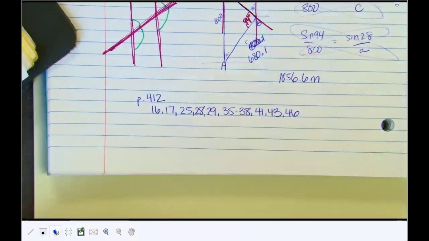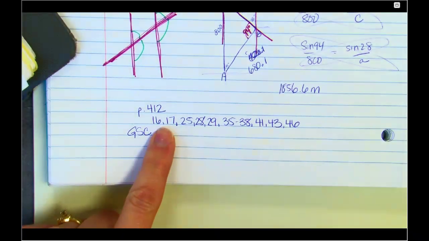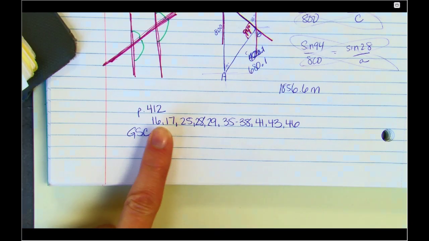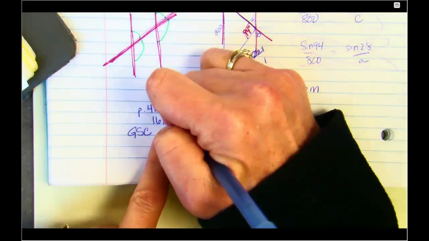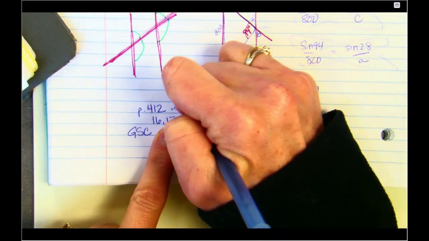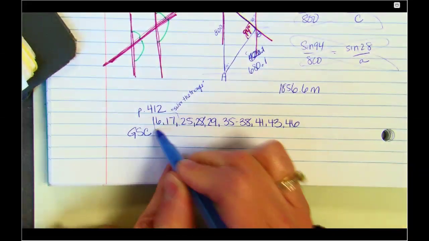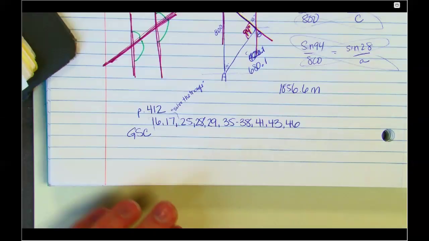I wonder why you weren't complaining. When it says in 16 and 17, solve the triangle, it just wants you to find all missing sides and all missing angles. That's what that means. So give me the complete triangle.